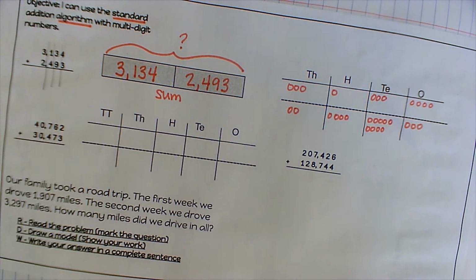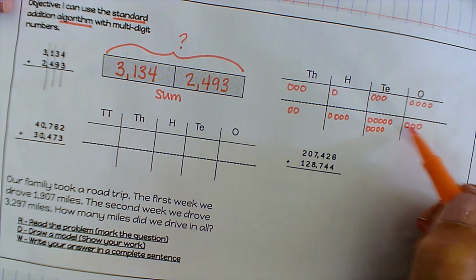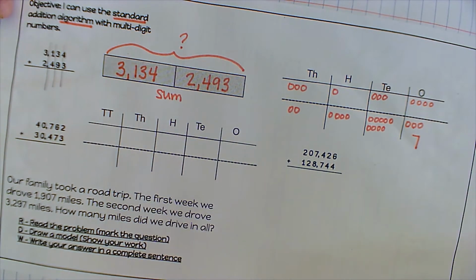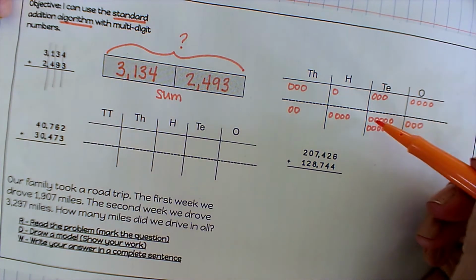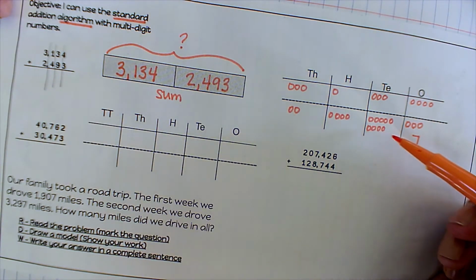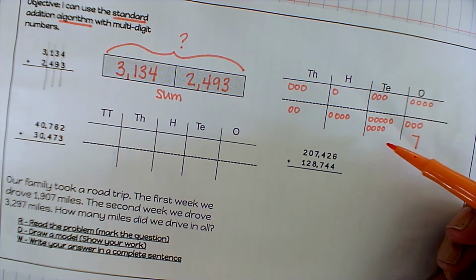Now, fourth graders, I have both of those numbers and I can count them up, and that's the same as adding. So when I count my ones, I have 4, 5, 6, 7, so I'll write a 7 underneath. When I count my tens, I have 3, 4, 5, 6, 7, 8, 9, 10, 11, 12. But wait a minute. How many tens do we have? There are 12.